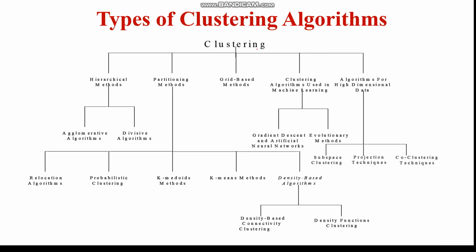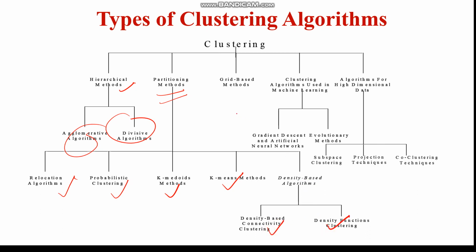We have other types of clustering algorithms which are not in much use. In hierarchical methods we get agglomerative and divisive algorithms, which are further categorized into types. Similarly, we have partitional methods, with relocation, probabilistic algorithms, k-medoids and k-means methods. We also have density based algorithms, such as density-connectivity clustering or density function based clustering.